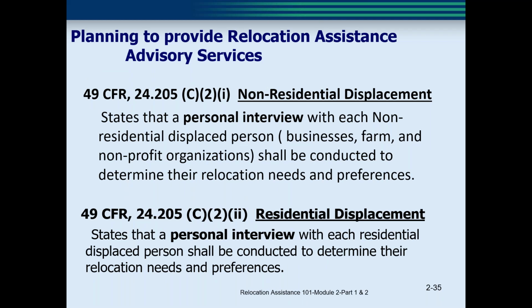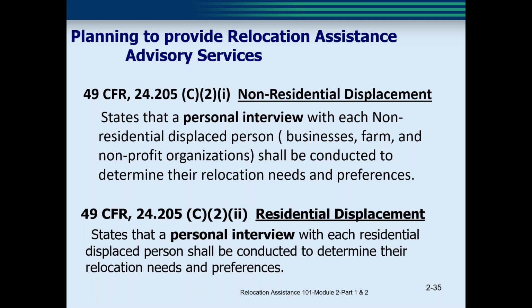So 49 CFR 24.205(c)(2)(i), non-residential, states that a non-residential displacement will be by a personal interview. And 49 CFR 24.205 for residential displacements also states that it will be by personal interview. This is a one-on-one, in-person contact.